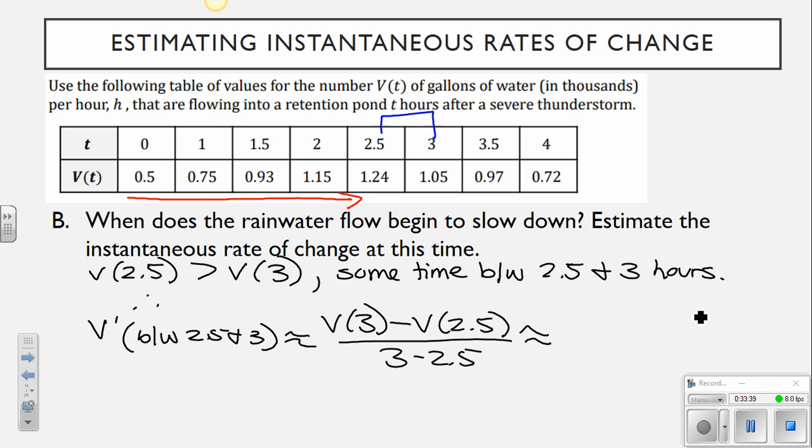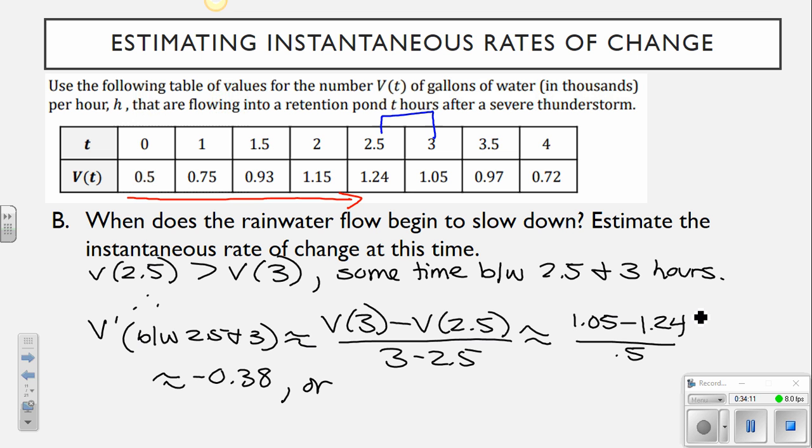I'll put the numbers in for you. What's that going to be? 1.05 minus 1.24 over 0.5. All right. Okay. So what's that going to be? Negative 3.8? No, negative 0.38. Oops. I miswrote it on my paper there.